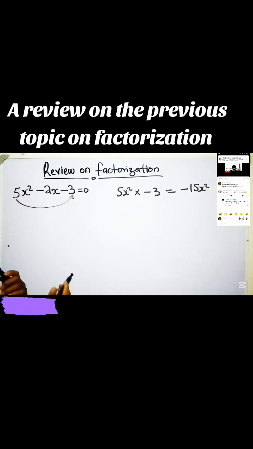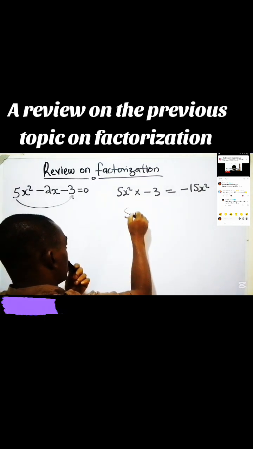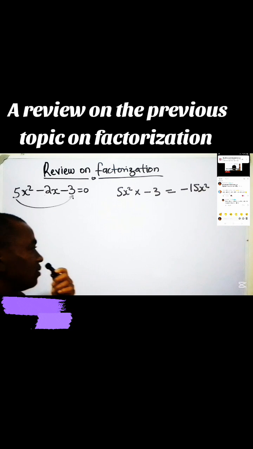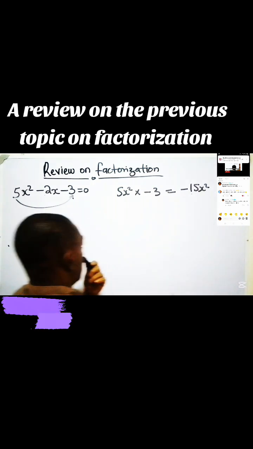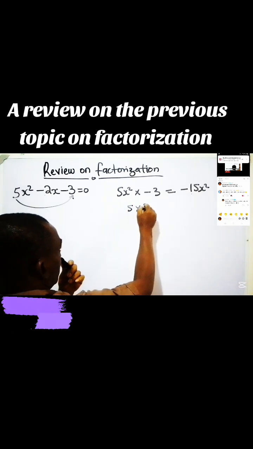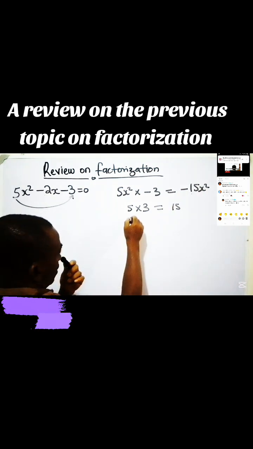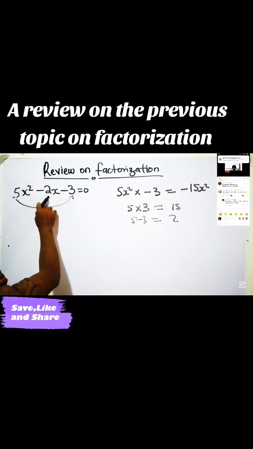Then we're going to find two numbers which, when you sum them together, will give you minus 2x, and when you multiply them together, will give you minus 15x squared. Those numbers are 5 and 3. 5 times 3 will give you 15, and 5 minus 3 will give you 2, which is this 2 here.